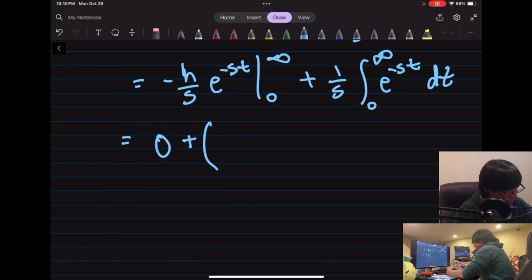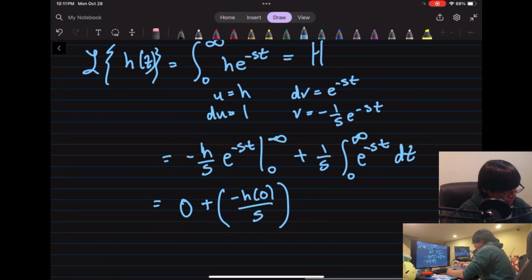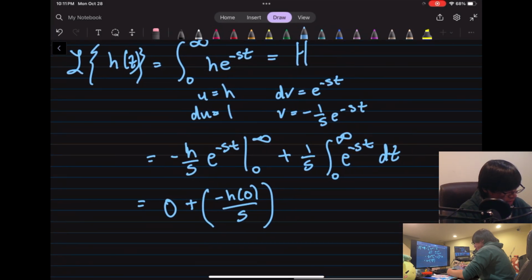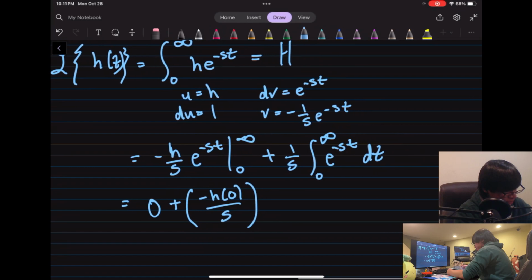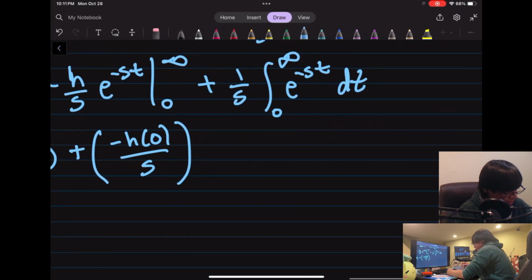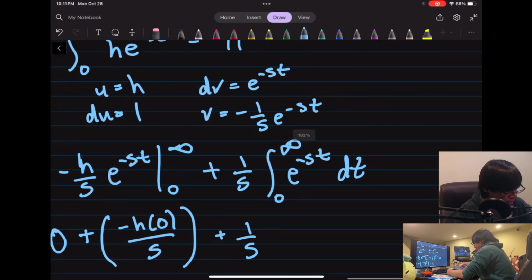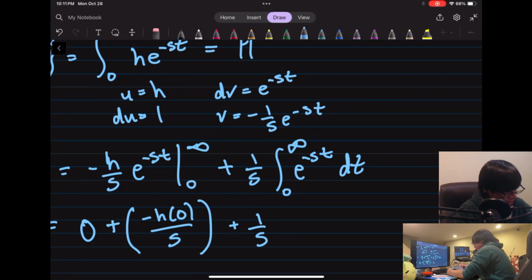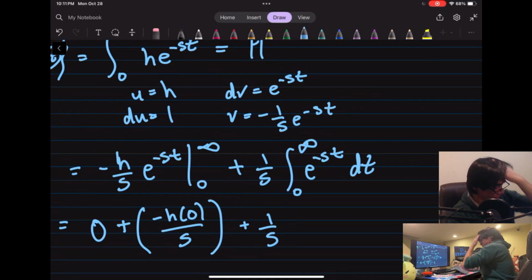So that's 0, and then we evaluate at 0. So that's 1, and we have negative h over s, which is a constant. I do that uv prime over v du. And this, do 1 over s. Did I integrate correctly? Yeah. Divide versus derivative, you bring it down.